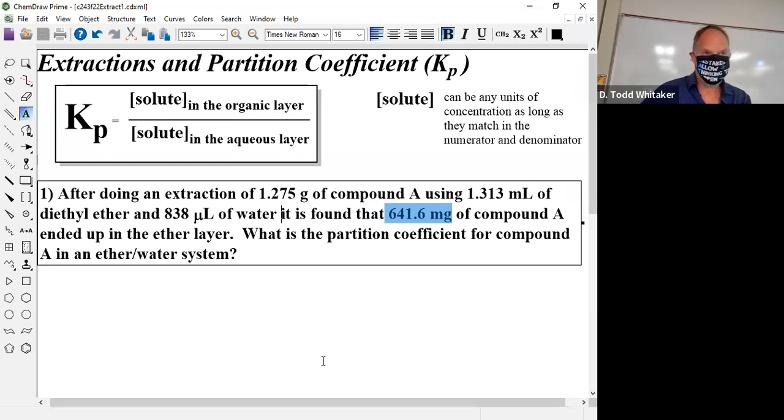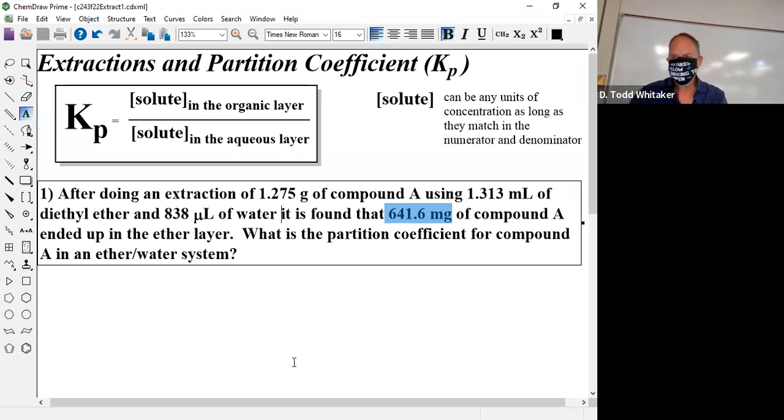What's that mean again? Low boiling point. Water is very hard to get rid of. We won't ever analyze the water layer, but we will know what's in the water layer. Whatever doesn't go in the organic layer goes in the water layer. So we don't have to analyze the water layer.